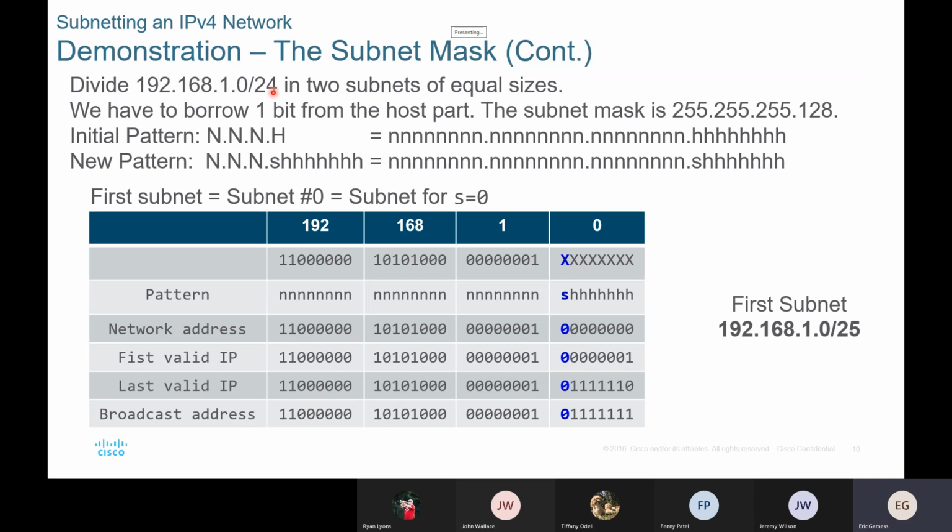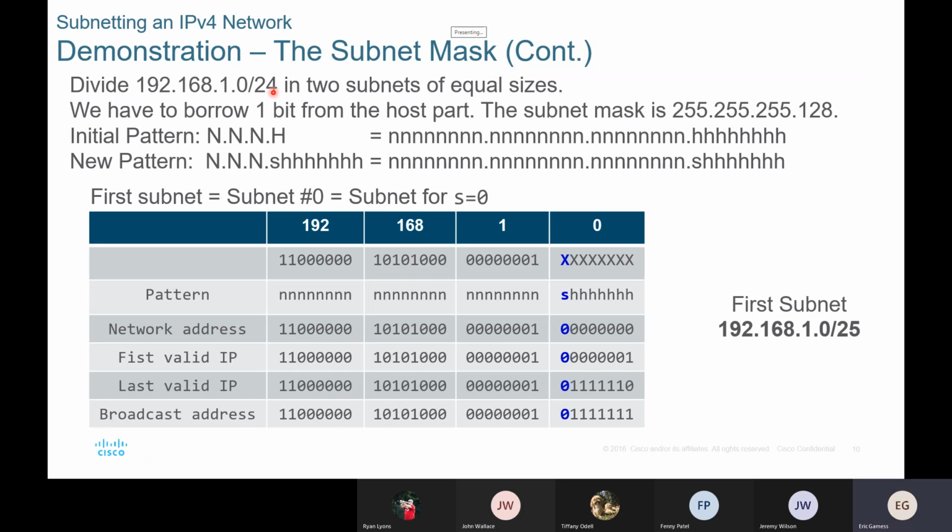It will be 32 minus 24, and 32 minus 24 is 8. So I have 8 bits dedicated to the host part, no? 2 to the power of 8, 256. So the initial network has 256 IP addresses.